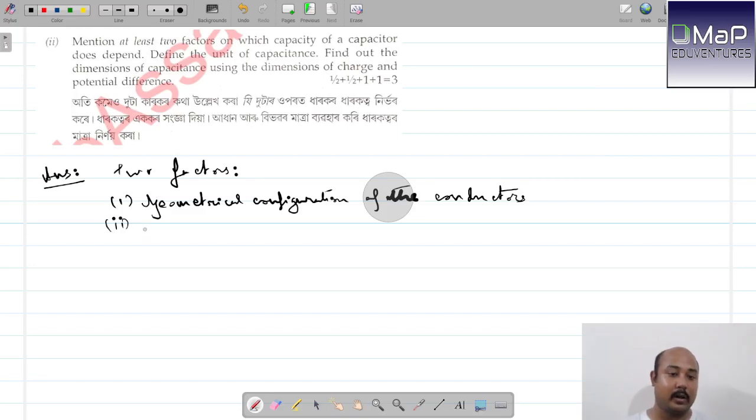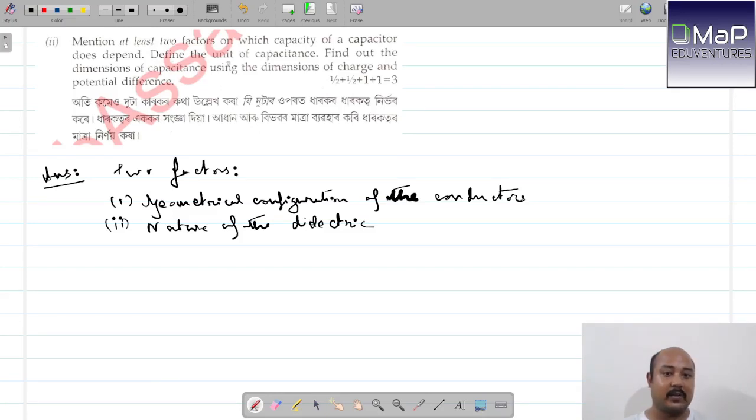And the second thing is the nature of the dielectric between them. The dielectric between the two conductors also affects it. So broadly, it depends on these two factors.